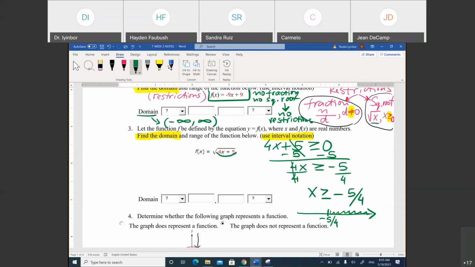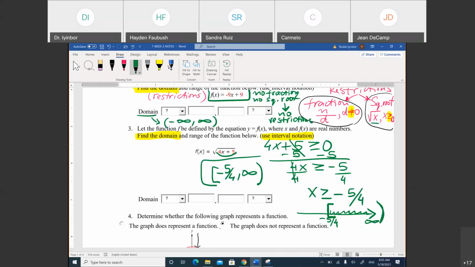And greater or equal means you're using a bracket. That means you're including the number. So from negative 5/4 all the way going to infinity, infinity is always with parentheses. So in this case, you're going to write the domain as bracket negative 5/4, comma, infinity with parentheses. So this is how you're going to put your answer.